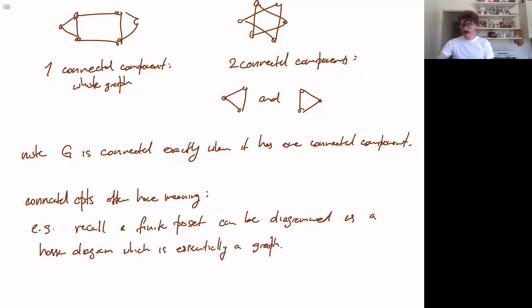So it's a graph, maybe with some extra information. Maybe you could call it a directed graph if you wanted to keep track of the directions of the edges. But you can think about it either way, depending on what you're interested in.